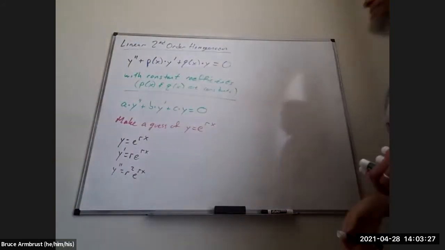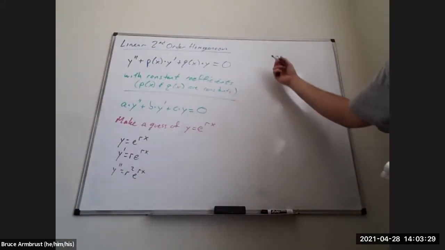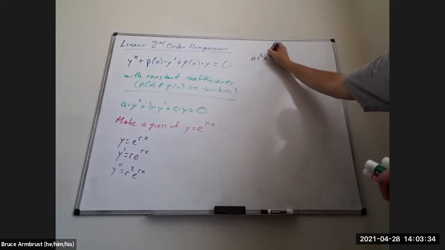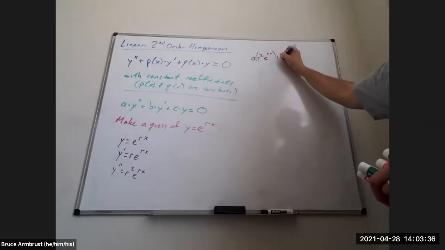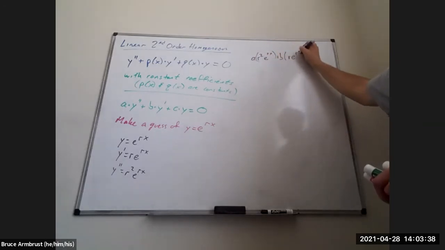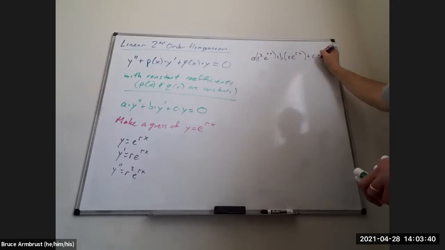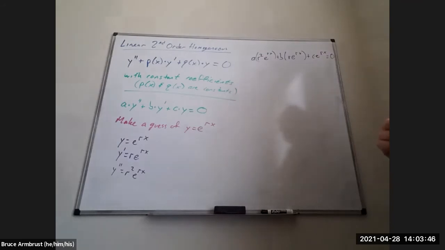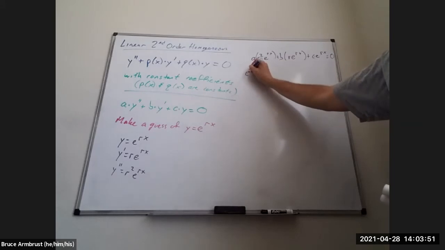So if I put those into the differential equation, I'm going to get a times r squared e to the rx plus b times r e to the rx plus c times e to the rx. And I want that to equal 0. So let me factor out the e to the rx.